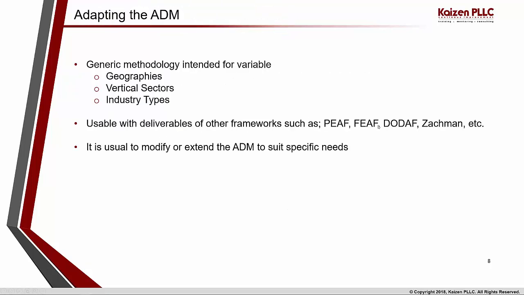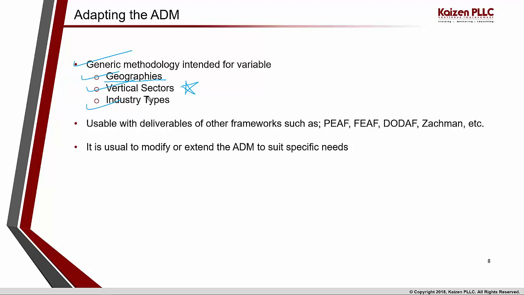Adapting the ADM based upon your requirement, your enterprise can apply it to different geographies, different vertical sectors and different industries. Some of the examples of vertical sectors could be automotive, banking, finance, food and beverage, government. It could be at a federal level, at a state level, local level.